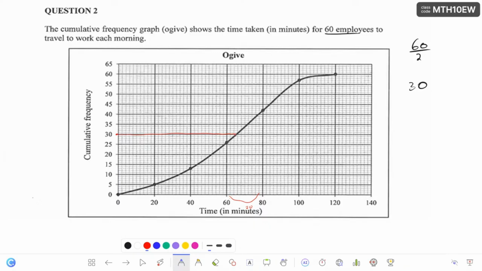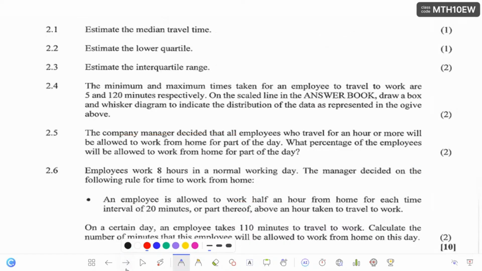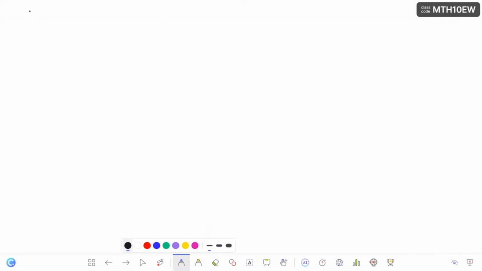Checking here, it's 2, 4. But this line is in between here. So we can conclude that it's 65. 65 is our median. I hope you understand how I got that. So for 2.1, our median we find by saying median equals n, which is the number of people, divided by 2, you get 30.